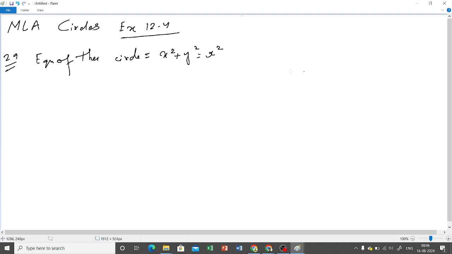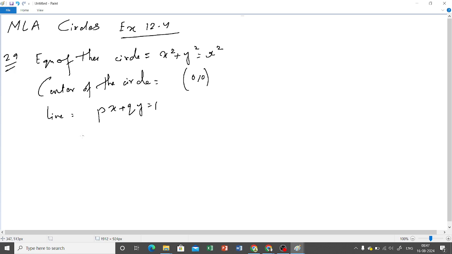So that means the center of the circle is 0 comma 0, and the radius is r. Now what is the line given? The line given is px plus qy is equal to 1.